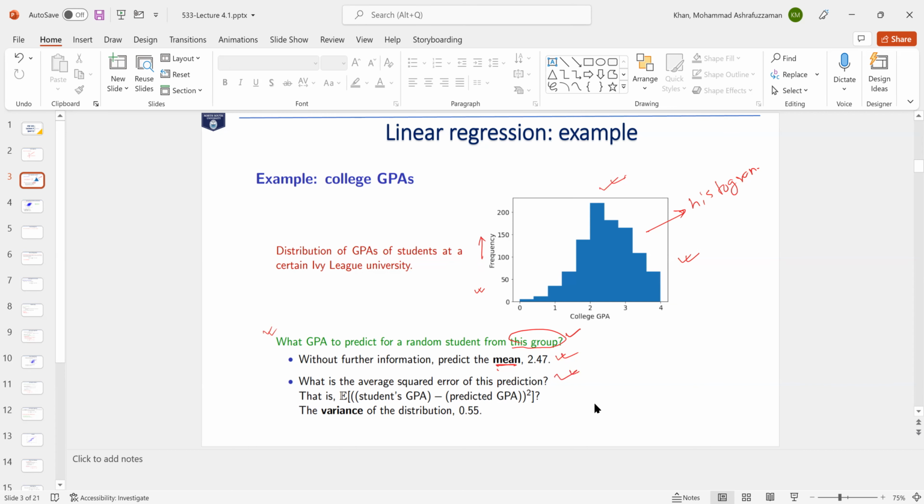The error for this prediction is the actual GPA of the student minus the predicted GPA. The variance of this distribution is 0.55.